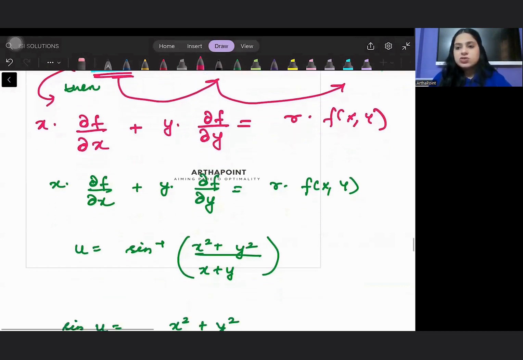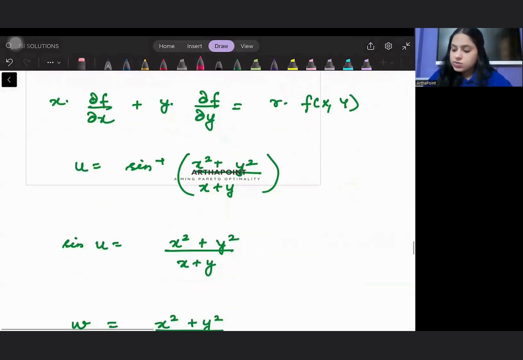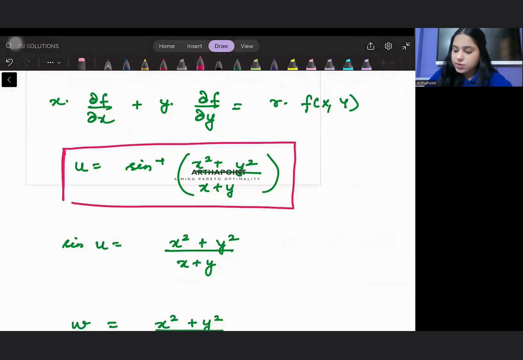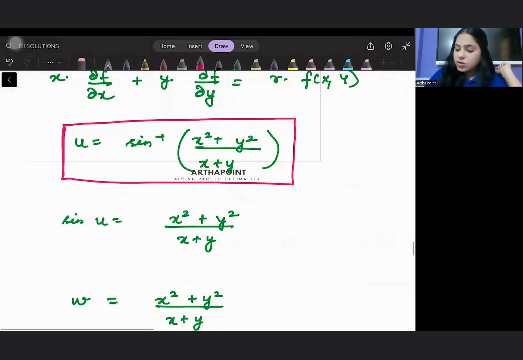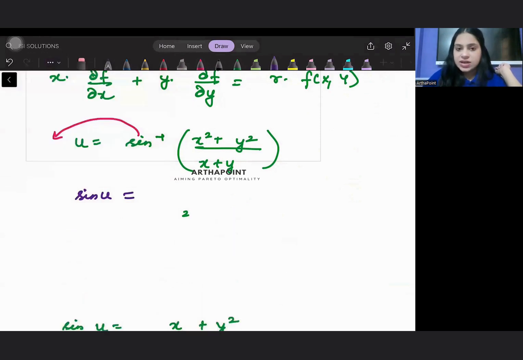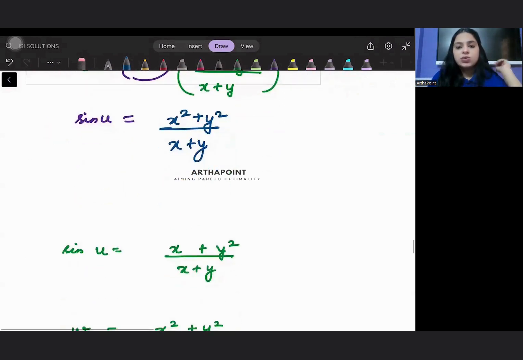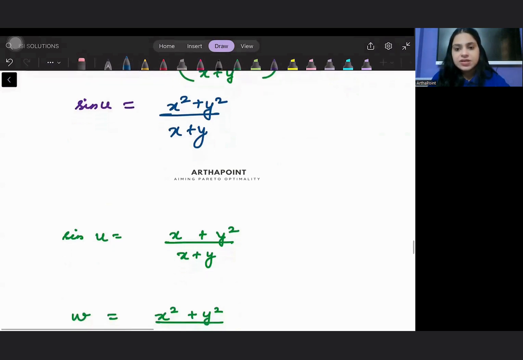In this case, I have u is equal to sine inverse of (x square plus y square) upon (x plus y). So I can take the sine inverse to the other side, and I will get sine u is equal to (x square plus y square) upon (x plus y).